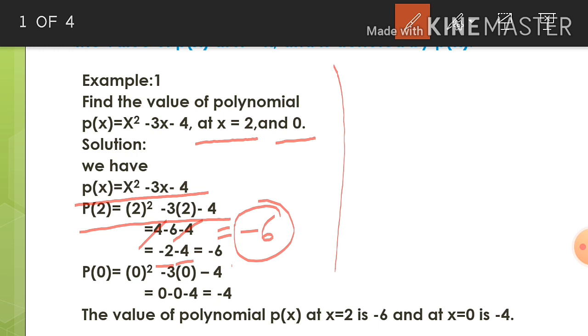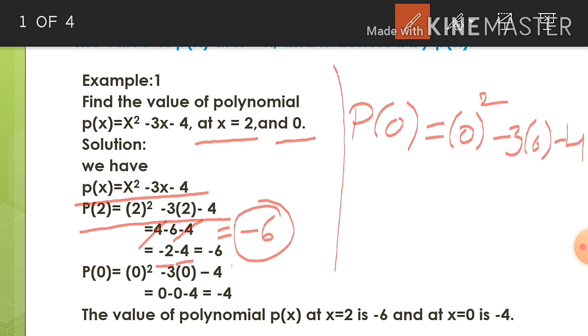Now see the example here, p of 0. I'm explaining it once again. The x value we have to replace with 0 square minus 3 into 0 minus 4. 0 square equal to 0, minus 3 into 0 is 0, and minus 4.